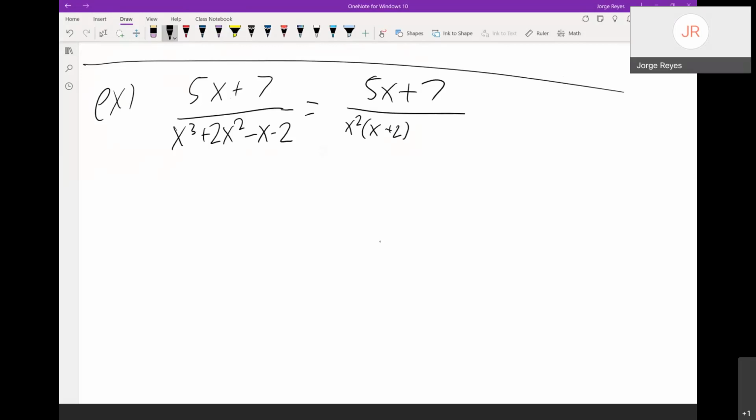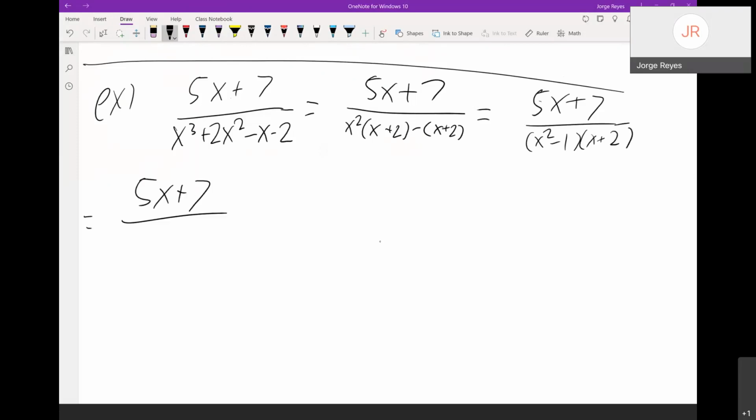So you take out a common factor, and this equals x squared minus 1 times x plus 2, which gets you x plus 1, x minus 1, x plus 2. So I have factored the bottom into its distinct linear factors.